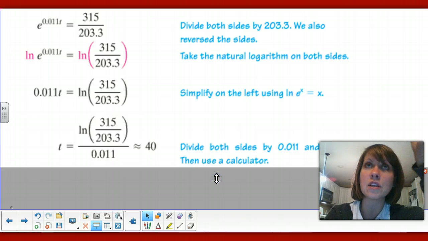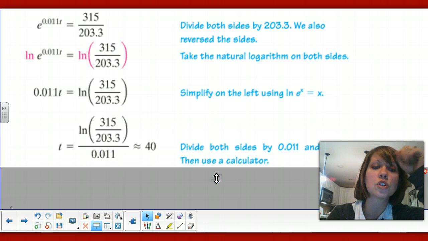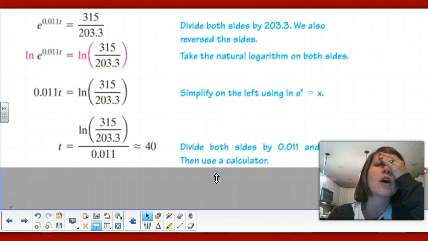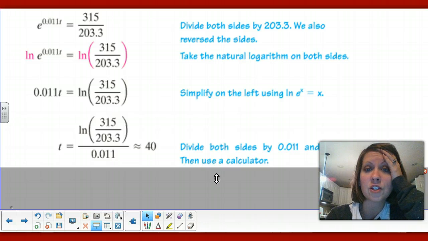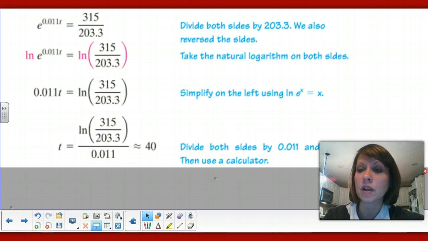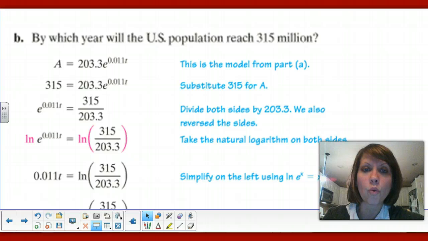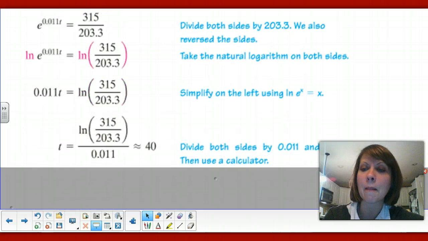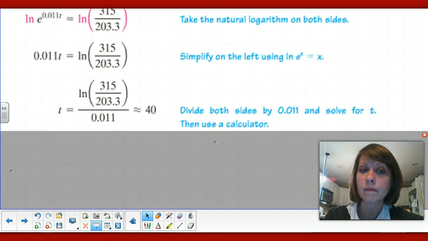And I guarantee you that if on Math Excel you were to put 40 in as your answer, it's going to be wrong. Okay, let's look at the wording so we can know why. The wording says, by which year will the population reach 315 million? So is it by year 40, like 40 AD? Or what does it mean?